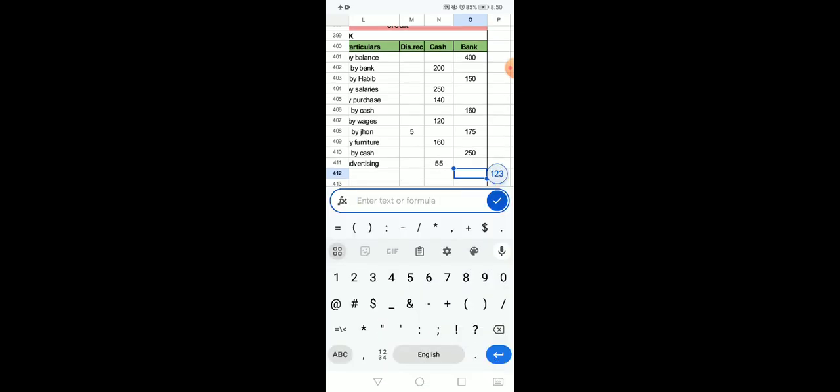Now entry number 29, two elements are present but only one element to be posted, that is bank, which is credited by 245. Go to the credit side of the bank and write down 245 over here. And now see what is the reference of 245. What is written on the opposite side of the bank?